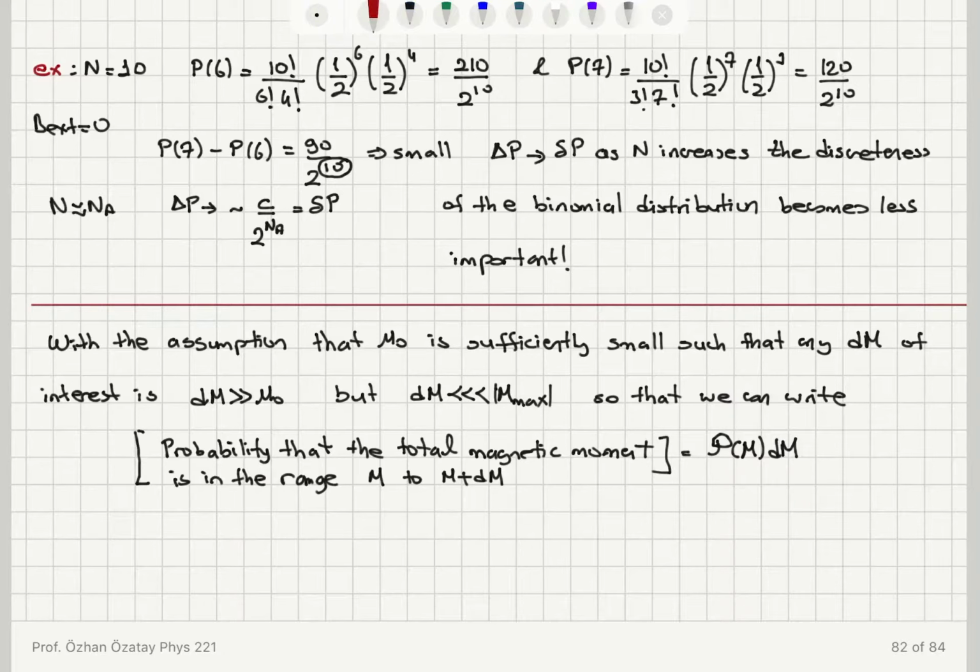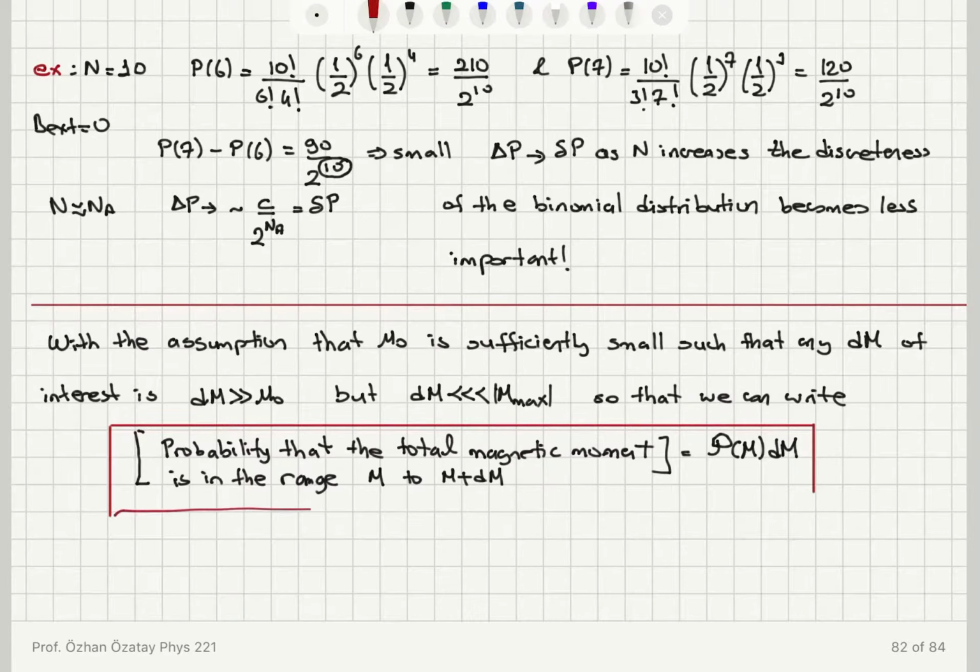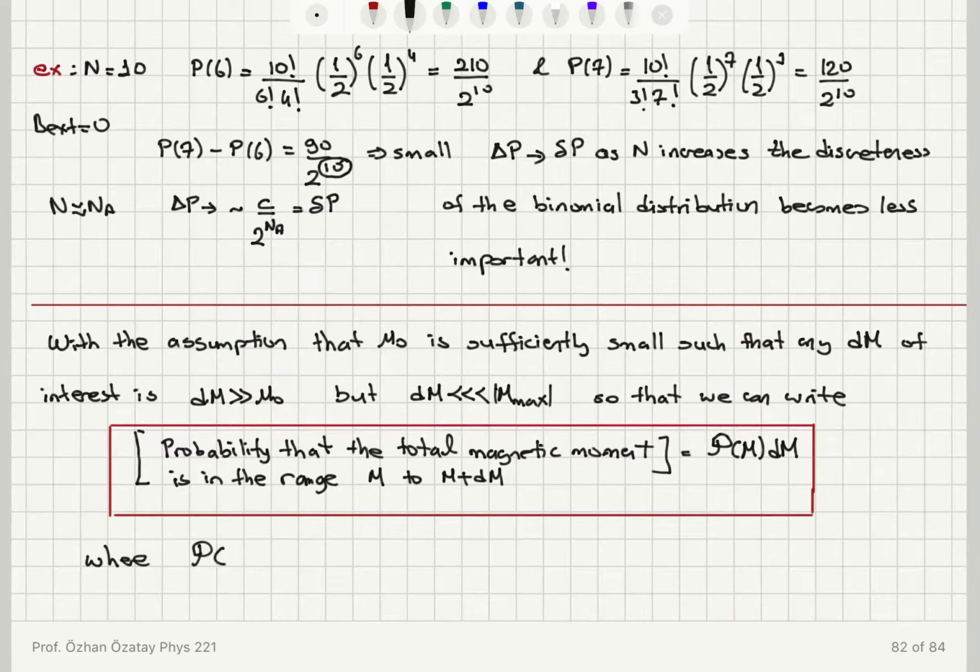So this is basically turning the discrete distribution into a continuous distribution by picking a range that satisfies the condition that the discreteness is insignificant. Here this function P of m is called the probability density function.